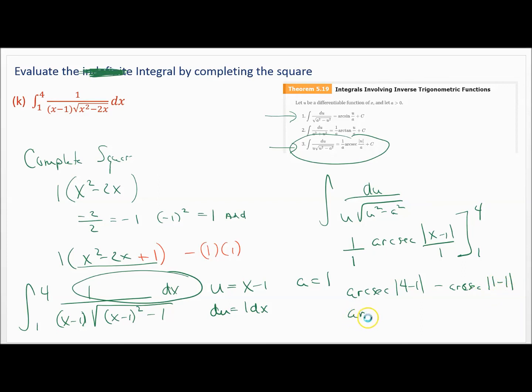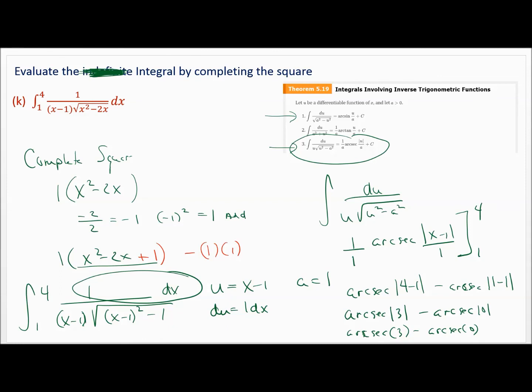So this is the arcsecant. Let me rewrite that where it's a little more legible. This is the arcsecant of the absolute value of 3 minus the arcsecant of absolute value of 0, which is really the arcsecant. You don't need the absolute values around a positive number of 3 minus the arcsecant of 0. And in fact, it took me to the end of this problem to realize that I made an error.